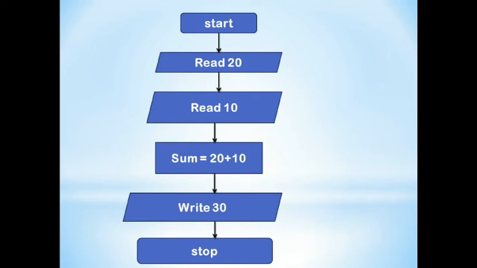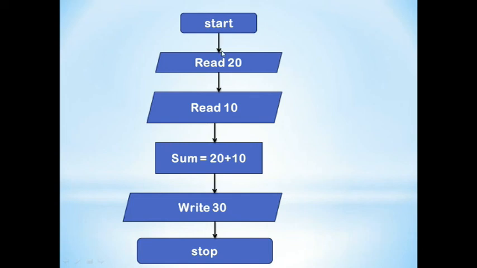allowed. Clear. And second thing, arrowheads are used to indicate the direction of flow of actions. See in this flowchart, this is the arrowhead, and the arrowhead shows the flow of logic in a flowchart.